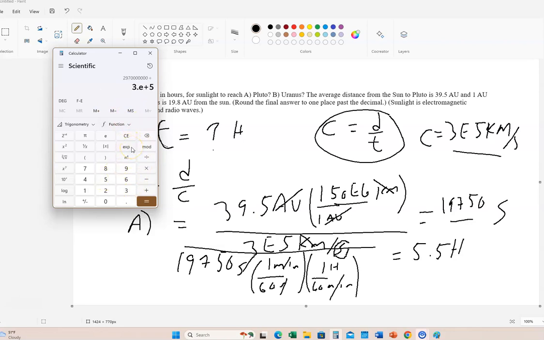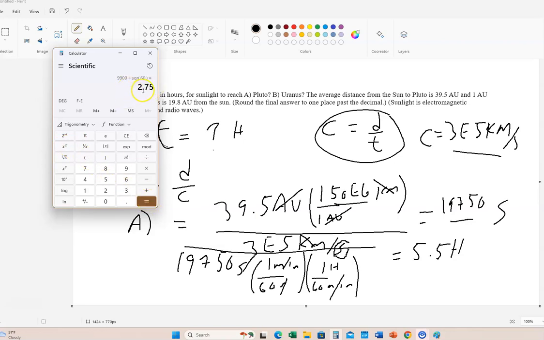We're using 3 times 10 to the 5th because the numerator was already in kilometers. So look, you can see it's already less. It's only 9,900 seconds, and then we divide that by 60, and then we divide by 60 again. So in other words, we divide by 60 squared.